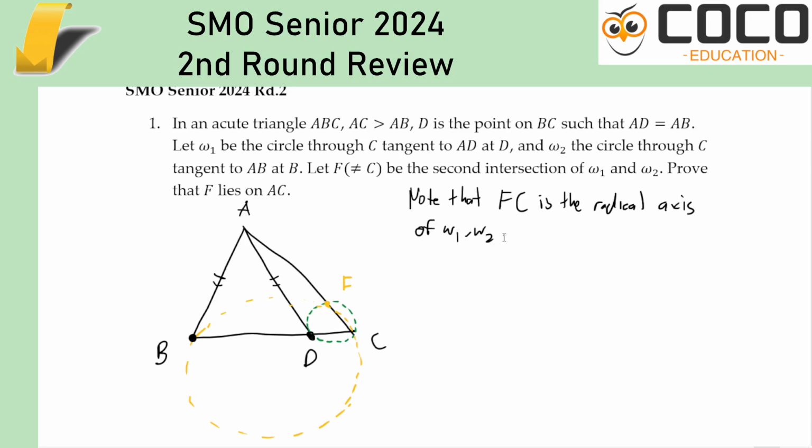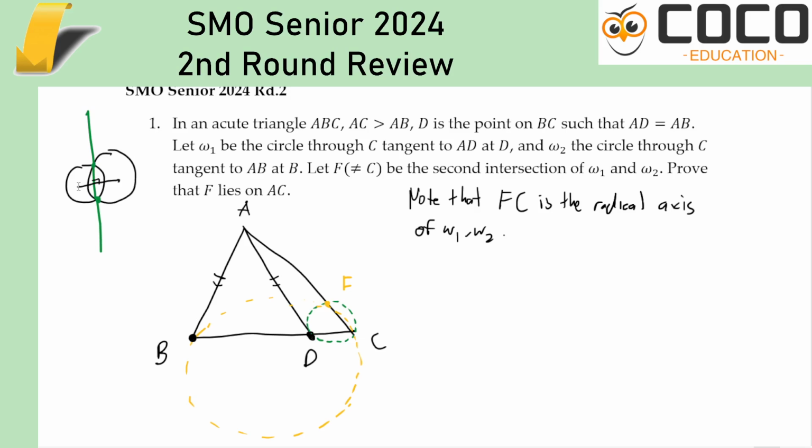Now, the radical axis, in the case of 2 circles that do intersect, just refers to the line that is passing through their 2 intersections. The line, not just the line segment. The radical axis is called the radical axis because it is perpendicular to the line that is connecting the 2 radii. So that's the radius, and 2 radii, radical axis are perpendicular.